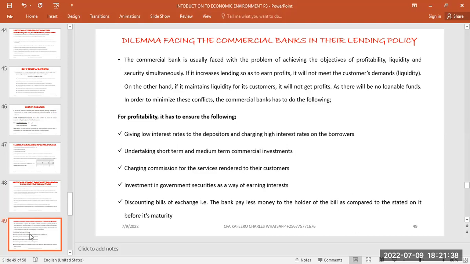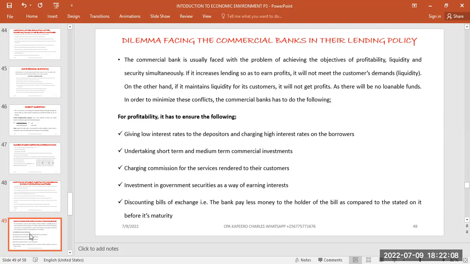When these banks want to give out more money, they will be left with less cash that will be needed by the customers. And if they don't lend out, they will not earn profit, because they will not be giving out loans, but they will maximize the demands of their customers by making the money available.